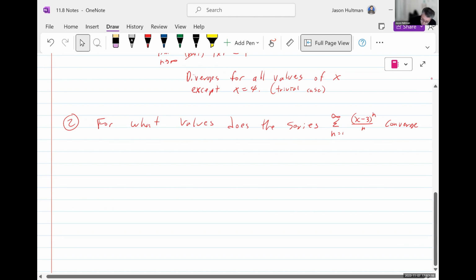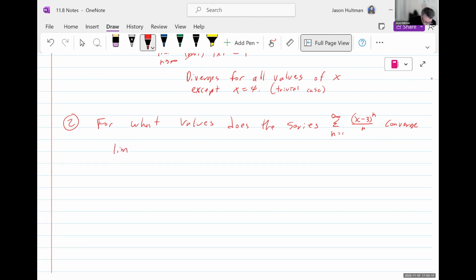So again, use the ratio test. The limit as n goes to infinity of (x minus 3) to the n plus 1 over n plus 1, over (x minus 3) to the n over n. Okay, so we've got a complex fraction.